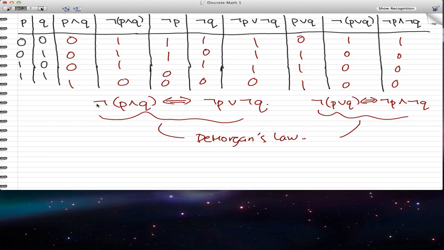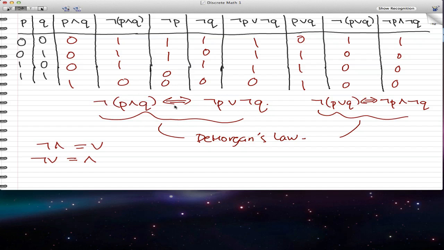We take this negation symbol and multiply it by P to get negated P. We take this negation symbol and multiply it by this "and" to get "or", because a negated and equals or, and negated or equals and. So negated and gives us an or, which is where we got this or symbol, and negated Q is where we got our negated Q.